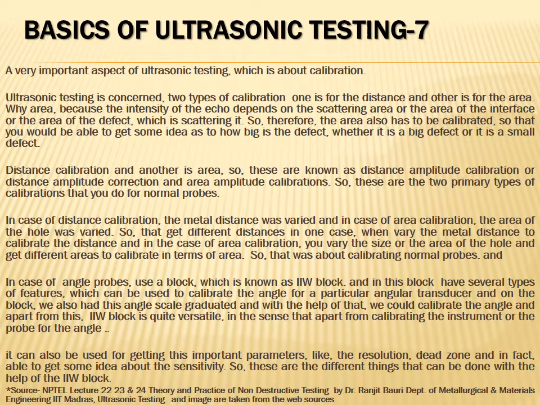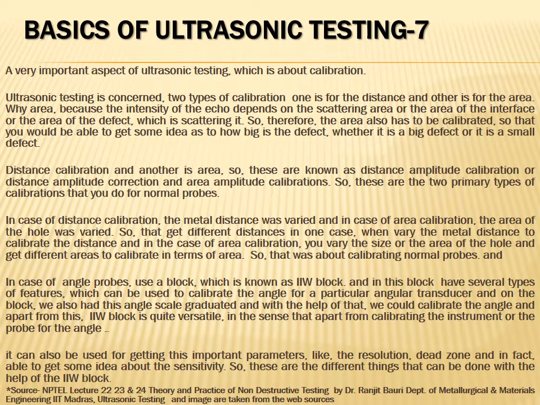So these are known as distance amplitude correction and area amplitude correction respectively. These are the two primary types of calibration that you do for the normal probe.